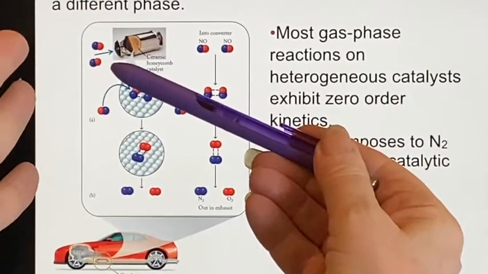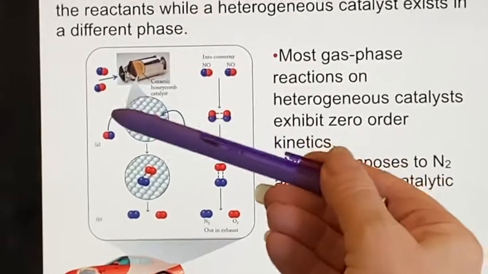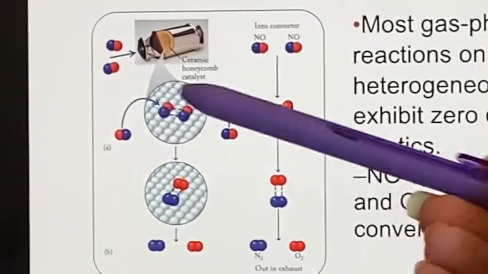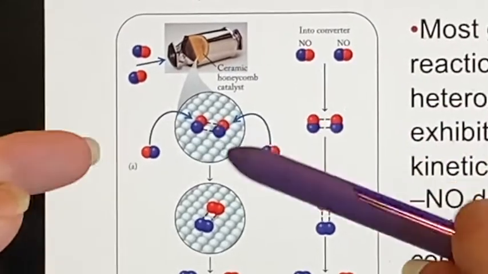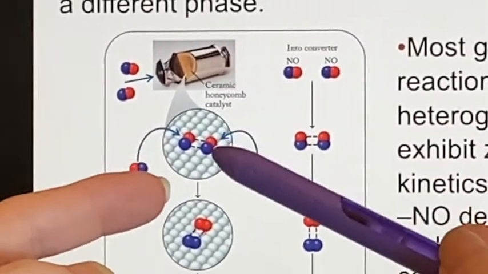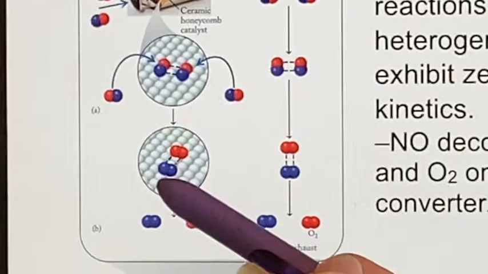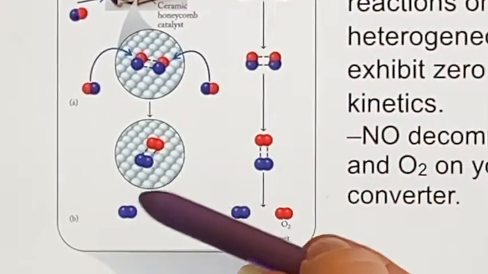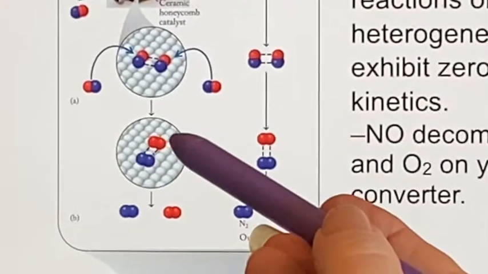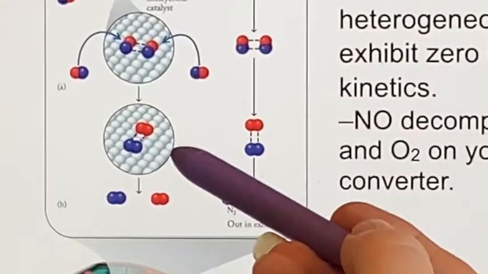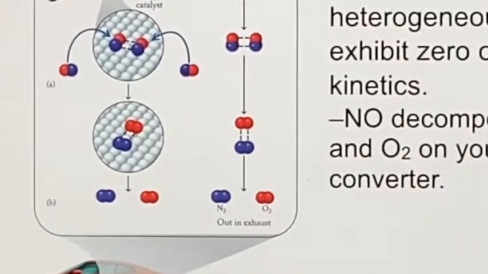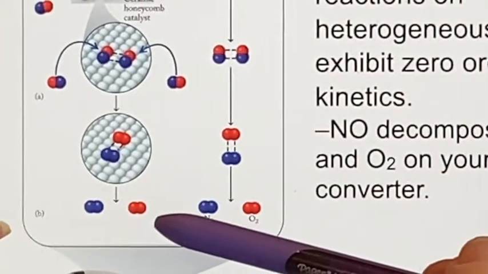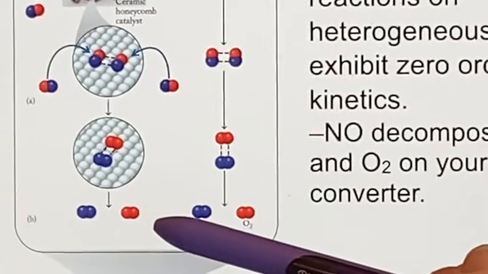Think back to the very beginning of the chapter of all the different things that would happen after the nitrogen monoxide was created. It adheres to the platinum catalyst, and then it's in a two-dimensional space so that it becomes incredibly more likely the nitrogens will meet and the oxygens will meet, and they'll just separate. And once they have turned into nitrogen and oxygen, they're no longer very attracted to the platinum, so they let go and they go back into the atmosphere as nitrogen and oxygen, which is what we want them to be in the atmosphere.